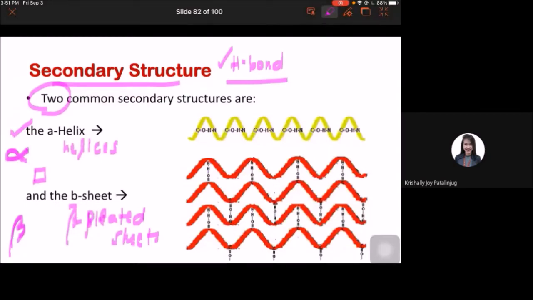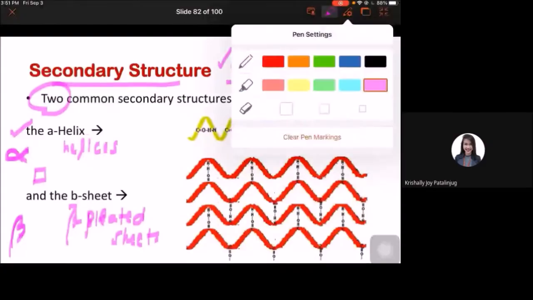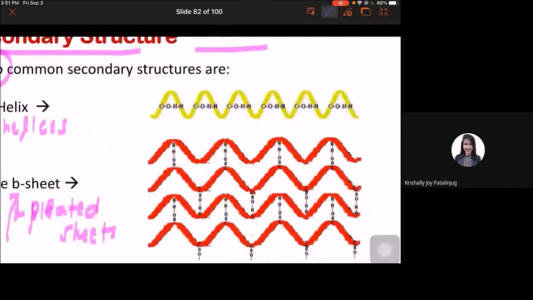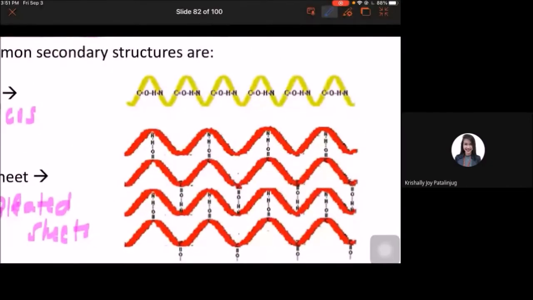So take note, in alpha helix, overview lang ha, spiral siya in shape. Okay? Dili na sila pariha og structure ha. Spiral ang alpha helix. Ang spiral, mura siya kung ipa-vertical. Okay?